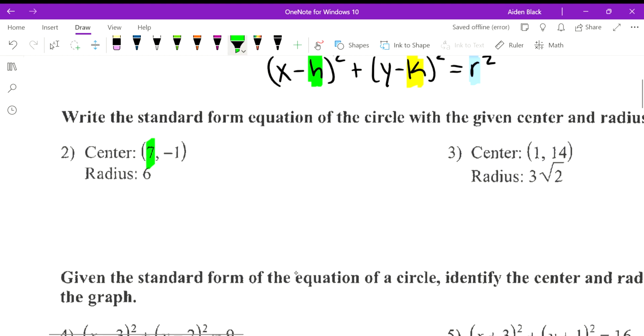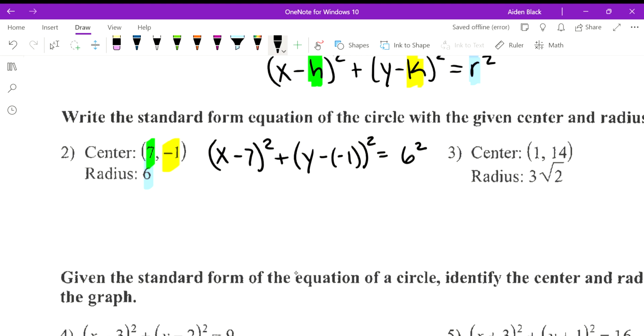Here's your h, here's your k, and then they also give you your radius. Let's just plug them in. So notice here, since our k value is negative, I have y minus -1.